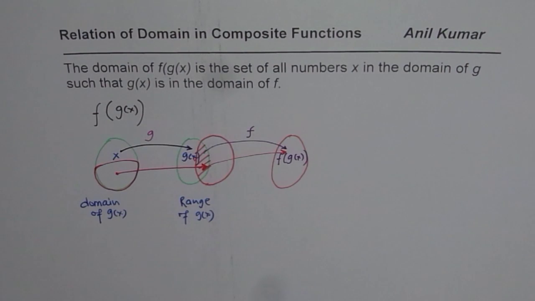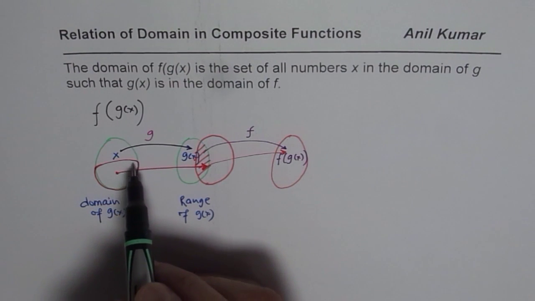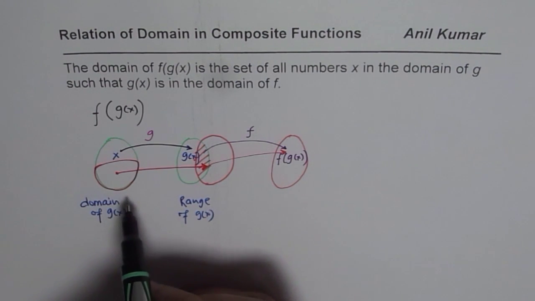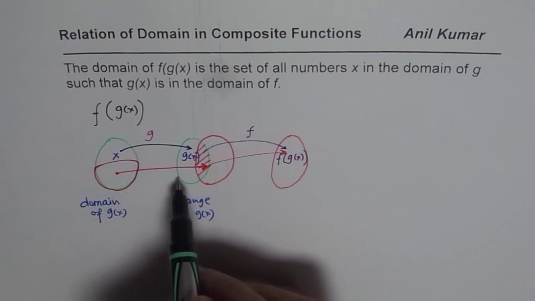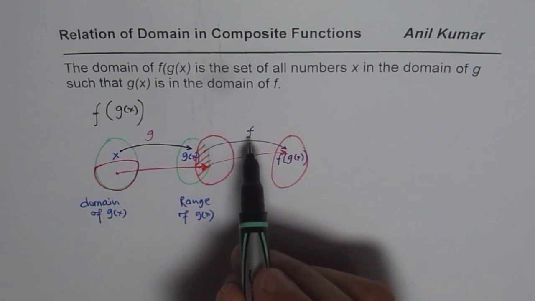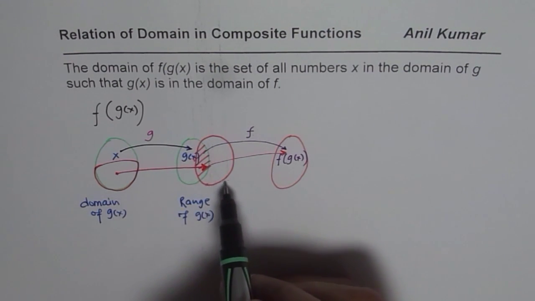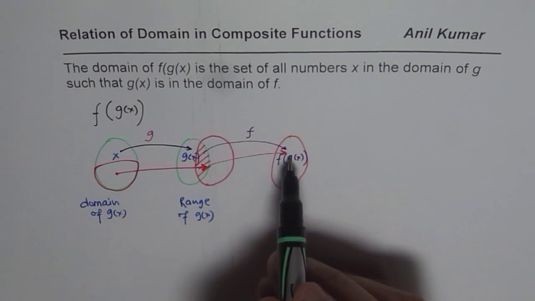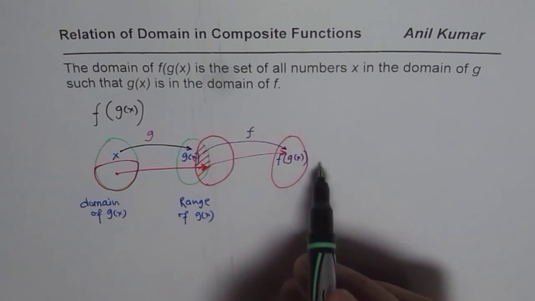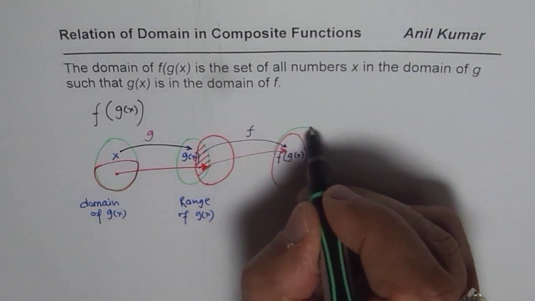Individually, as you will see, the function g of x can be performed on a larger group of inputs, giving you a larger output range. Similarly, f of x could be performed on a larger group, giving you a bigger range.